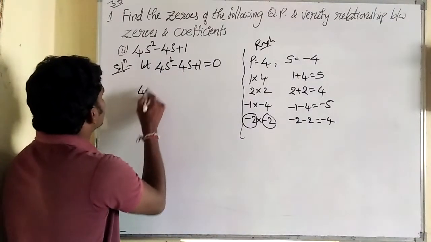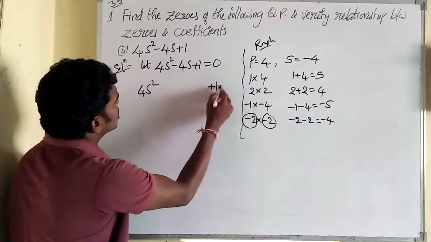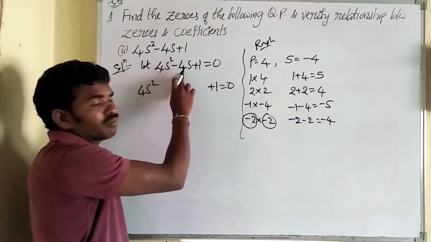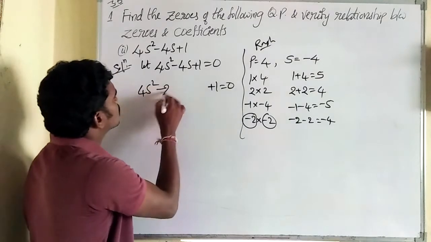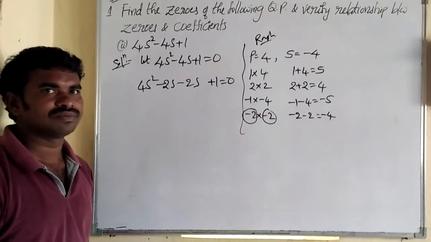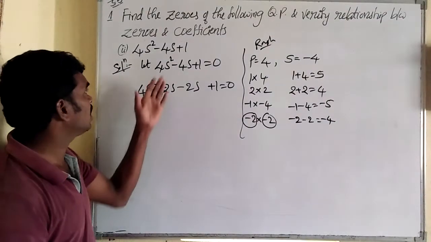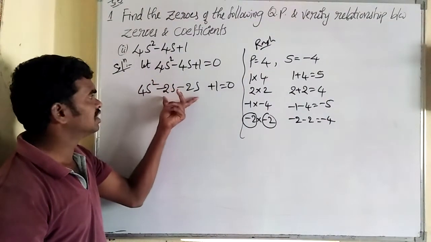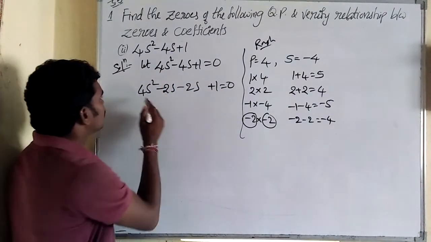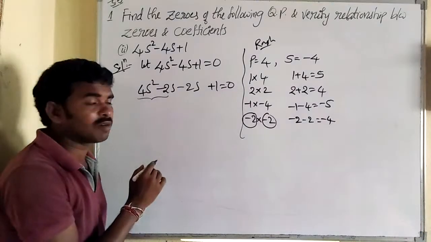So 4s square, first term write as it is, and the last term plus 1 equal to 0 write as it is. In the middle term, minus 4s means minus 2s and minus 2s. Only in the middle term can we change. First term as it is, last term as it is, equal to 0 as it is. From the first two terms, what is common?